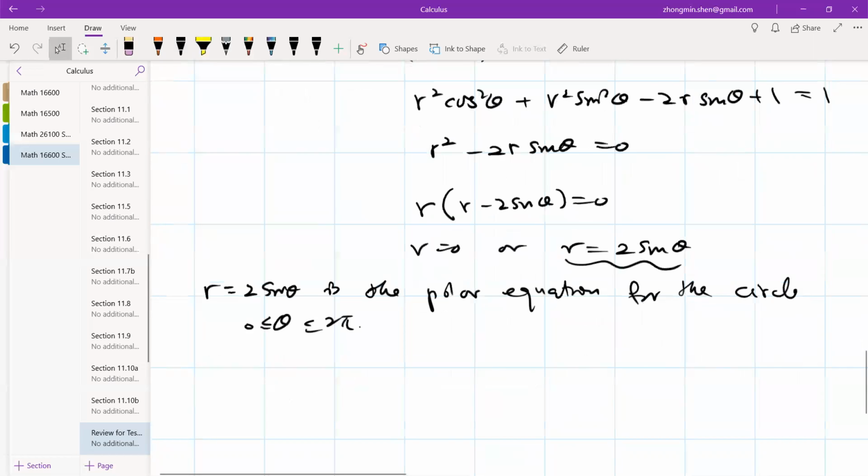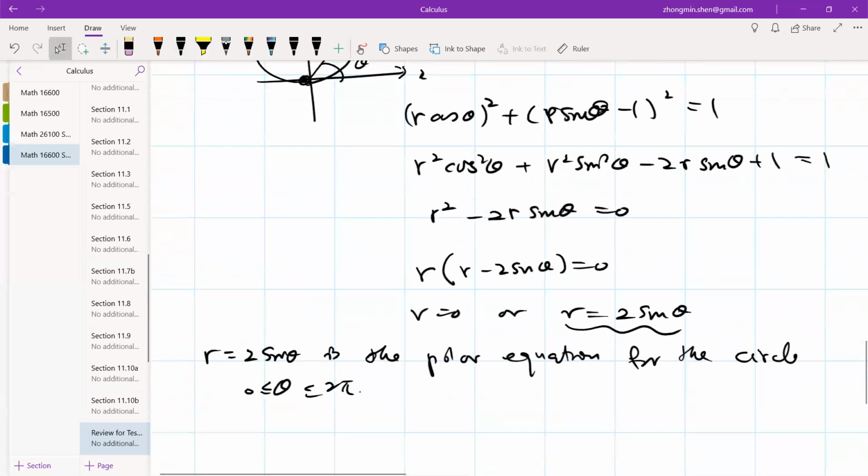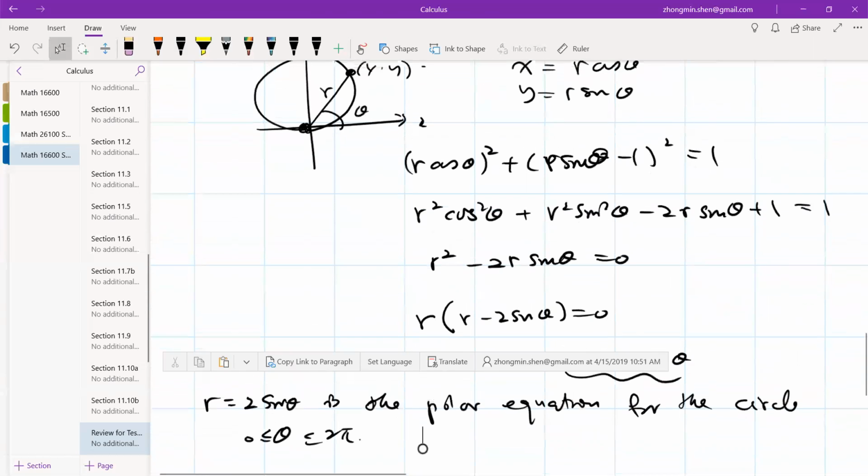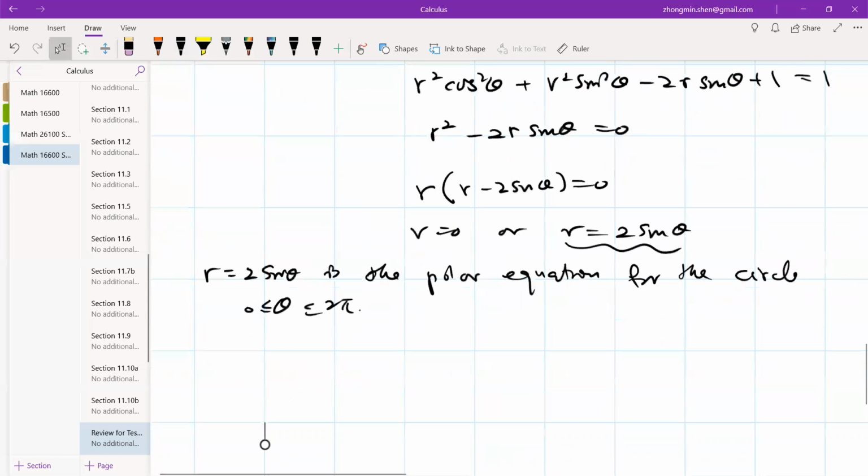And conversely, given a polar equation, you can use theta to parameterize a curve. Remember, x equals r cosine theta, so I get 2 sine theta cosine theta, which is sine 2 theta.